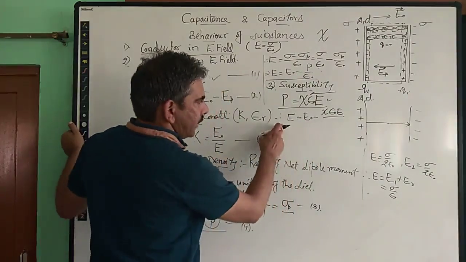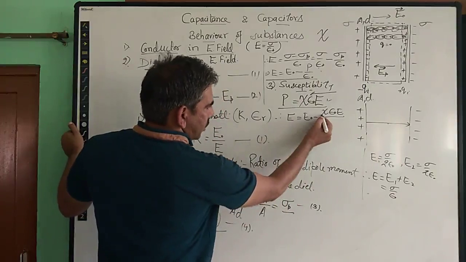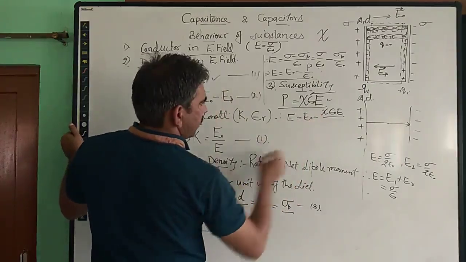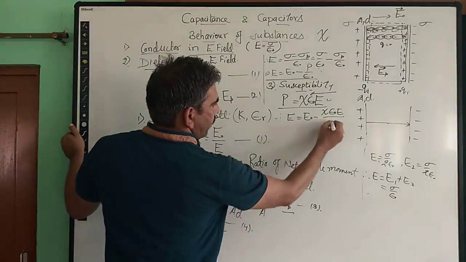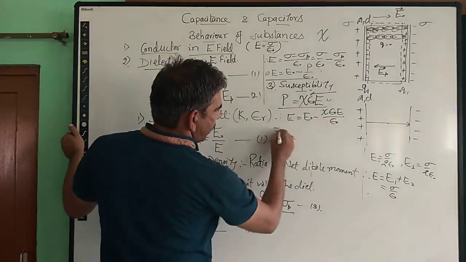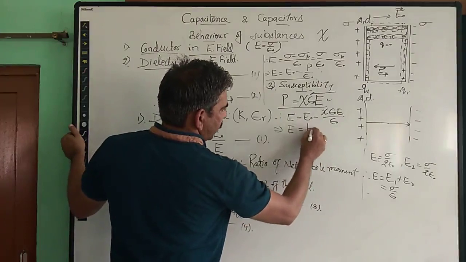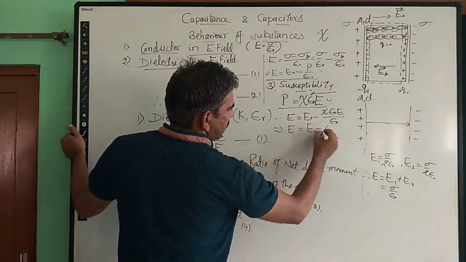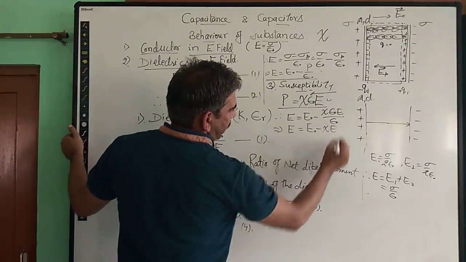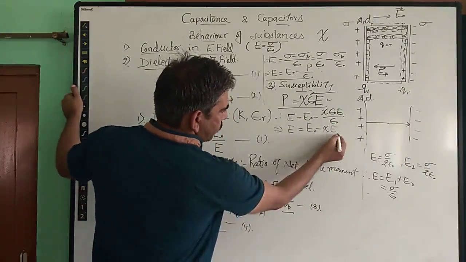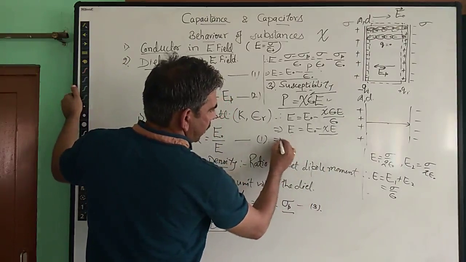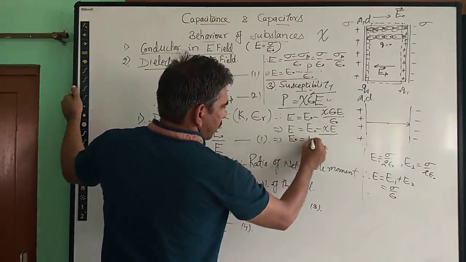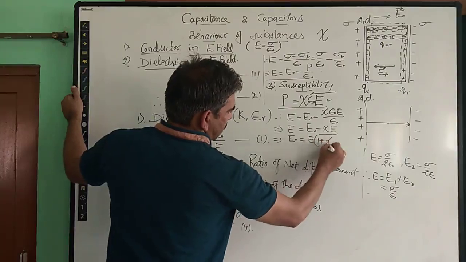Now we are trying to derive the relation between the susceptibility and the dielectric constant K. So epsilon naught cancels out, and we are left with E is equal to E naught minus xi into E, where E is the reduced value of electric field. So this term and this term can be combined, and we are left with E naught equal to E into 1 plus xi.